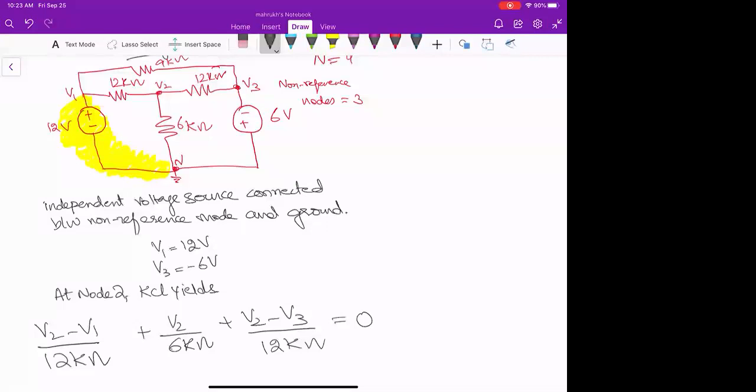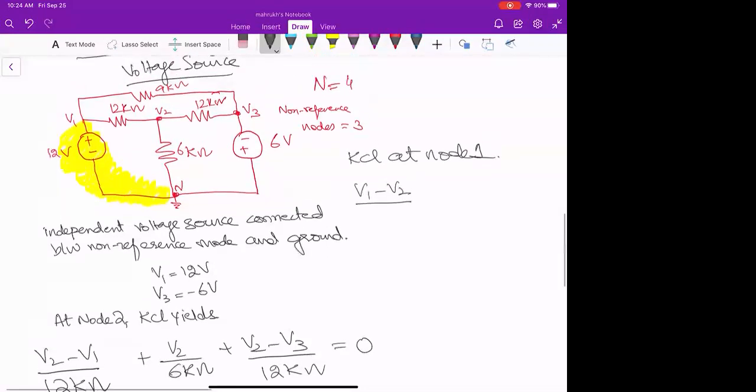If I write KCL at node 1, my KCL will be (V1 minus V2) divided by 12 kilo ohms, and (V1 minus V3) divided by 9 kilo ohms, right? And as we are in KCL, we are defining currents, so we will say it's equal to 0.